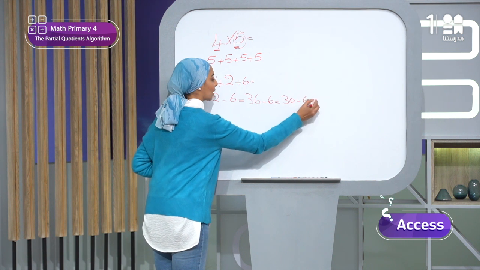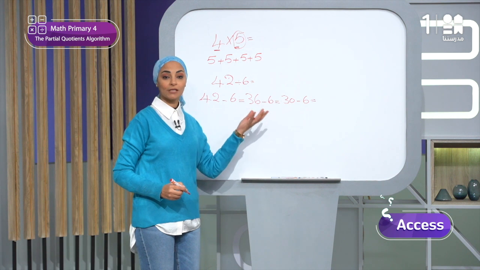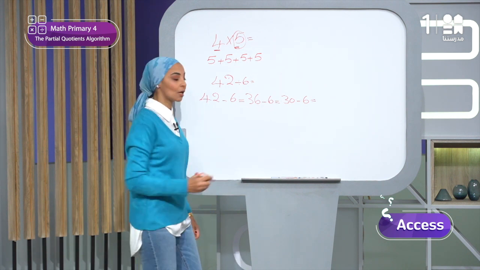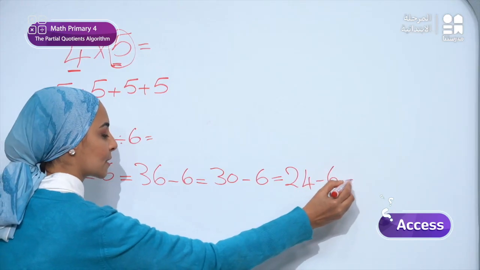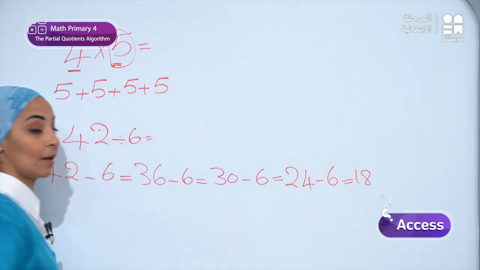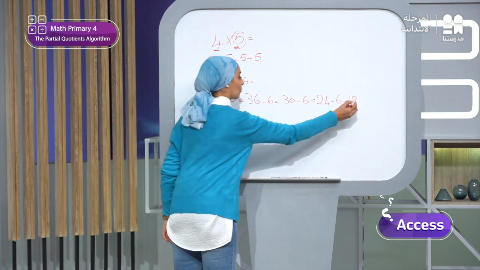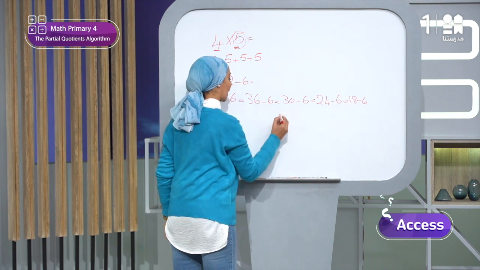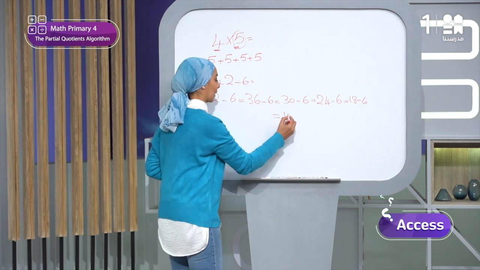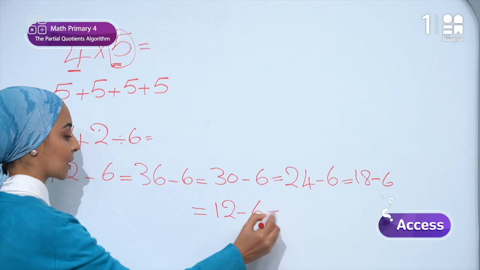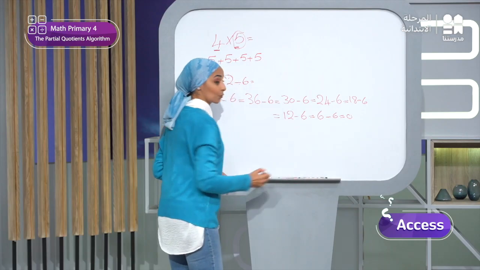Again, 30 minus 6 equals 24. Then 24 minus 6 gives me 18. Can I subtract 6 from 18? Yes, 18 minus 6 equals 12. And then 12 minus 6 gives me 6. Again, 6 minus 6 equals 0.